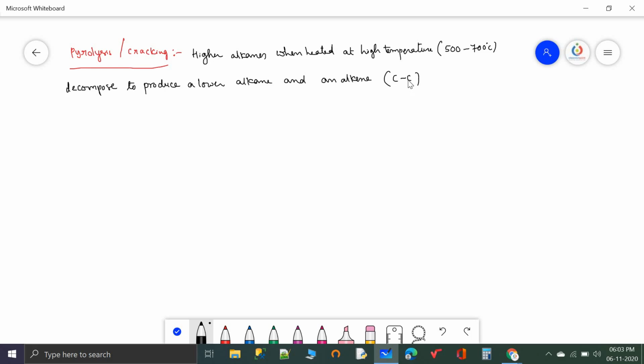So here carbon-carbon bond will be broken, fission takes place.